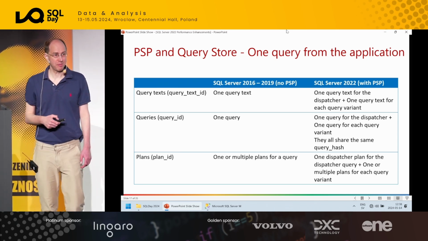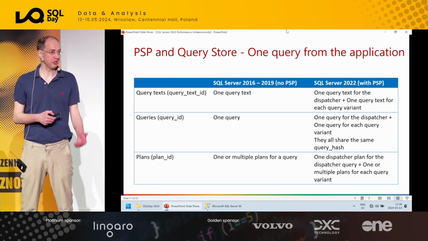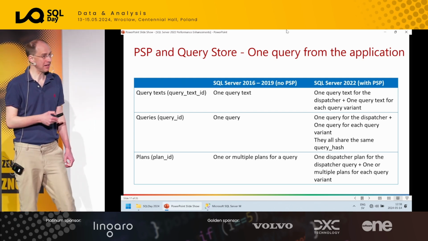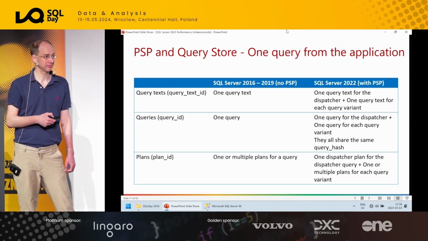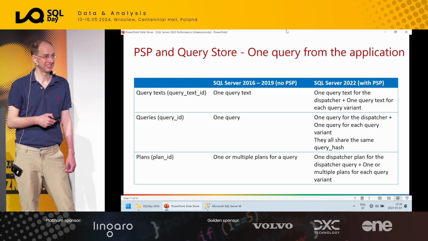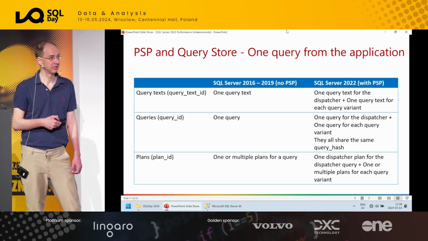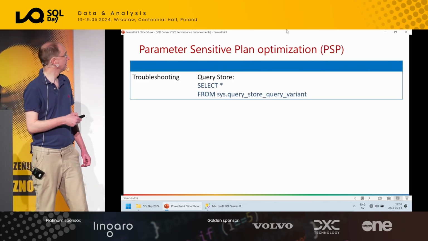So the question was about the variants, how many variants you can have. Yes, let me repeat the question. How many variants can we have? Because it said on the slide that we can have up to 3 variants per query.